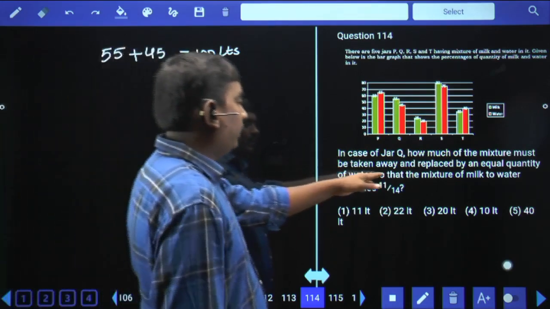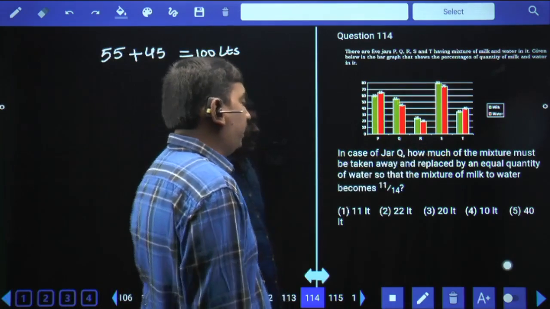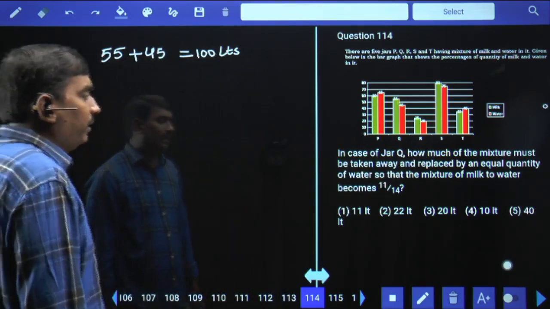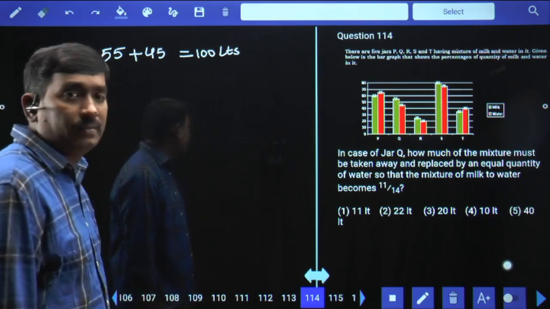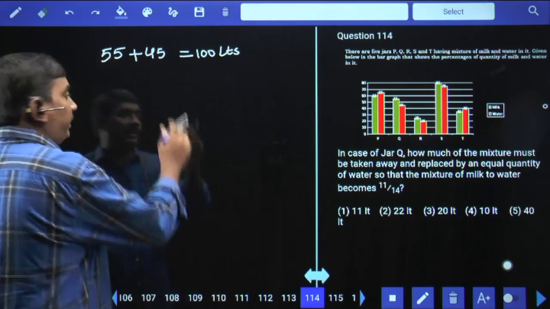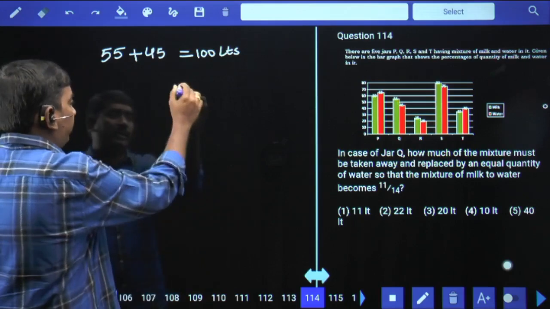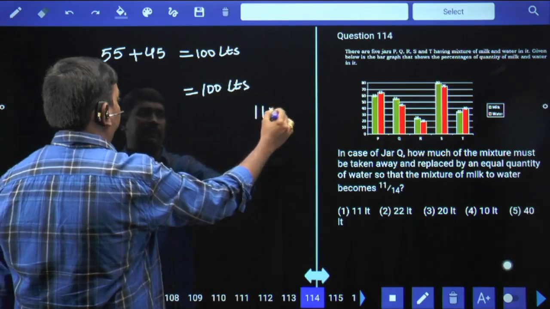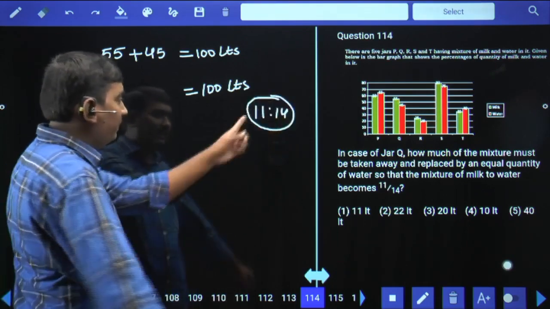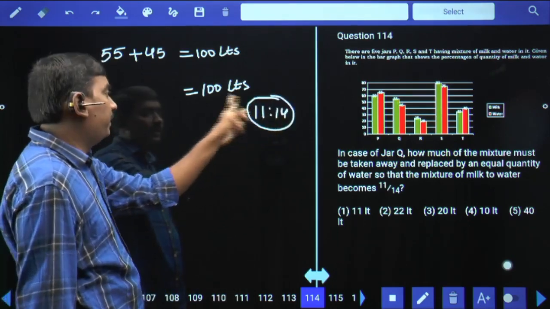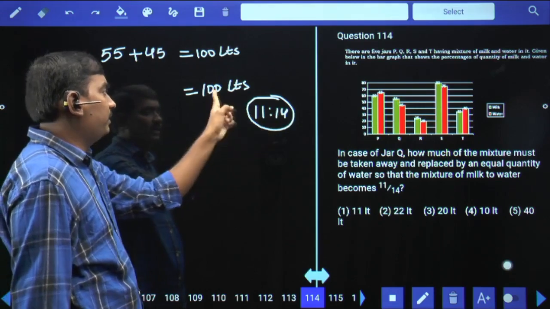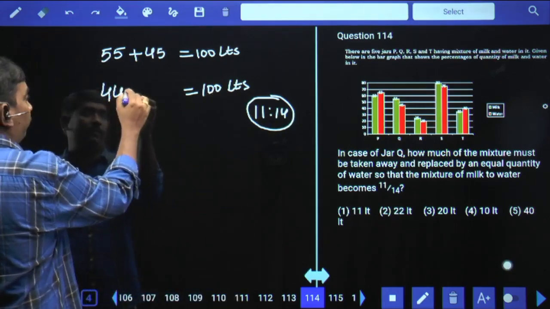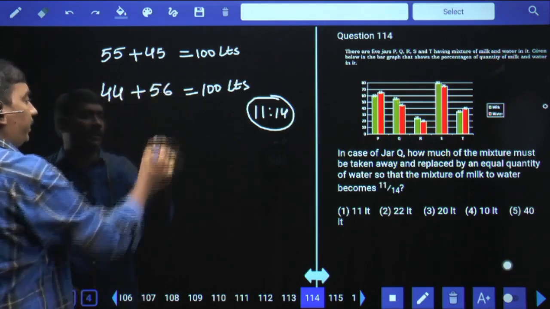The final quantity is the same, so 100 liters, but the ratio is 11 is to 14. 11 plus 14, 25 parts value 100. So 1 part value 4. 11 parts value 44. 14 parts value 56.